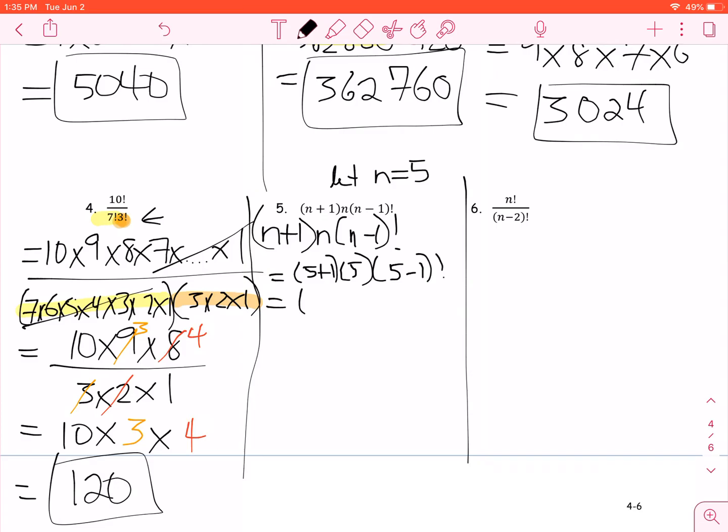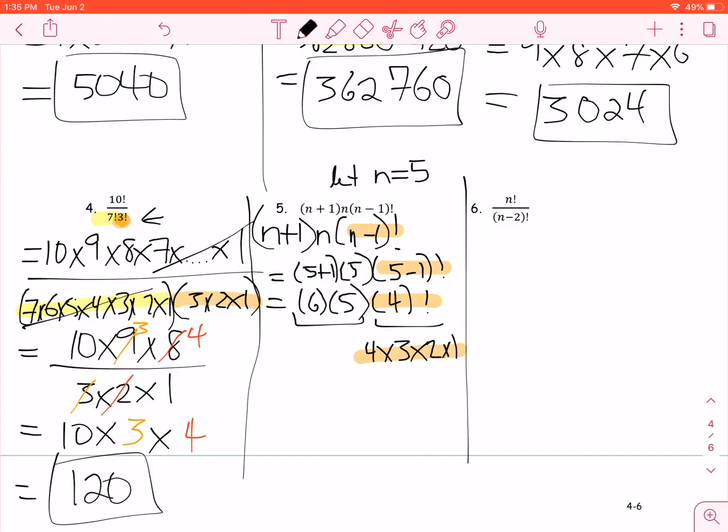So if I simplify that, I should have 6 times 5 times 4 factorial. Okay, so 4 factorial is actually just 4 times 3 times 2 times 1. Right? That's all part of the same step.